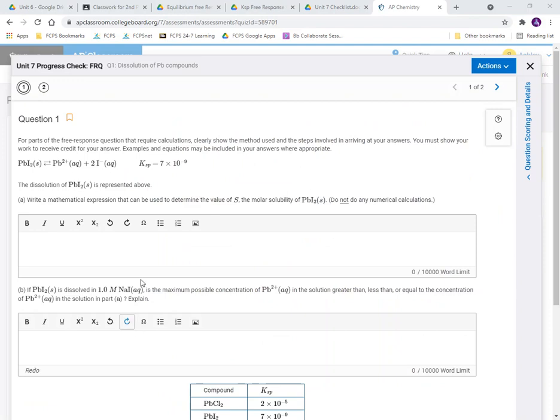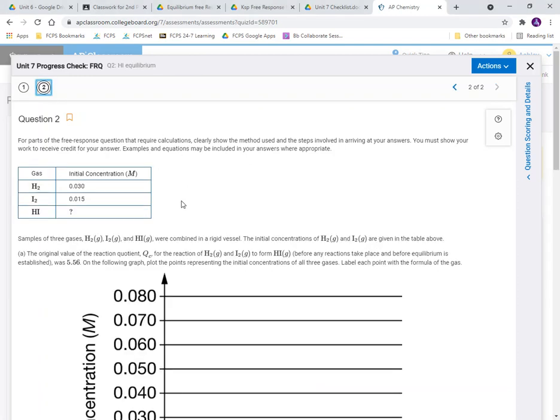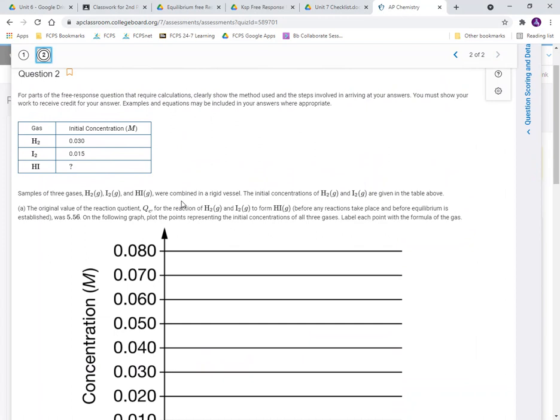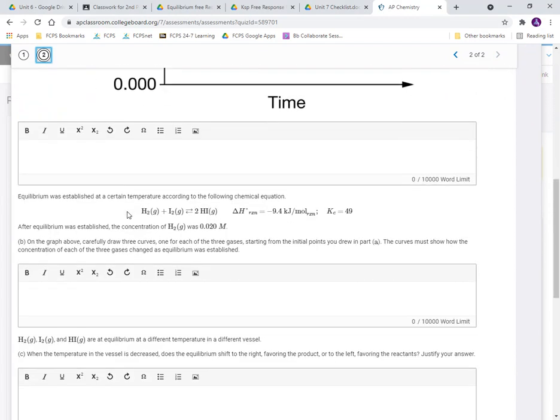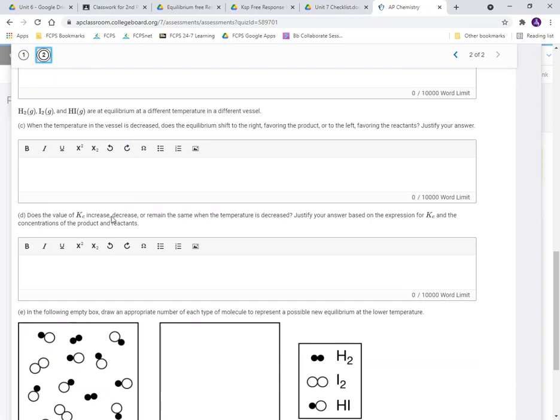Was it on this question, the KSP question, or was it on the second question? Question 2, okay. So here, looking at this question, you know which part it is? Part D, okay. Does the value of Kc increase, decrease, remain the same when the temperature is decreased?